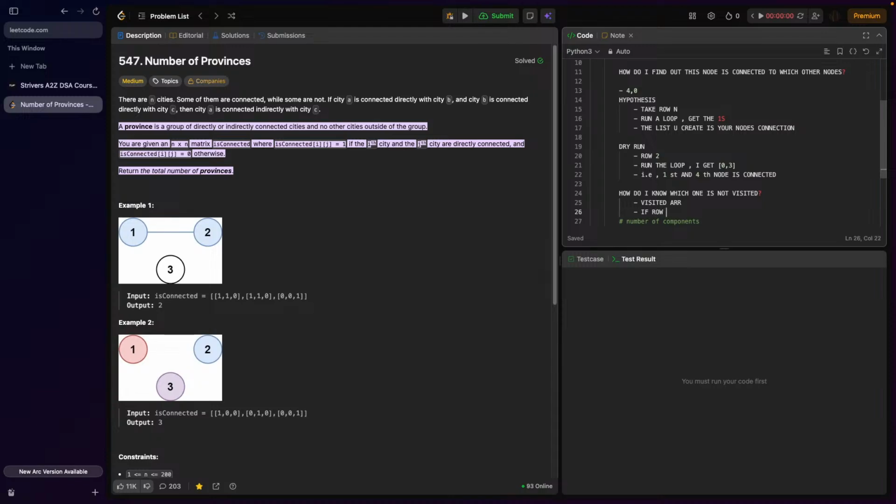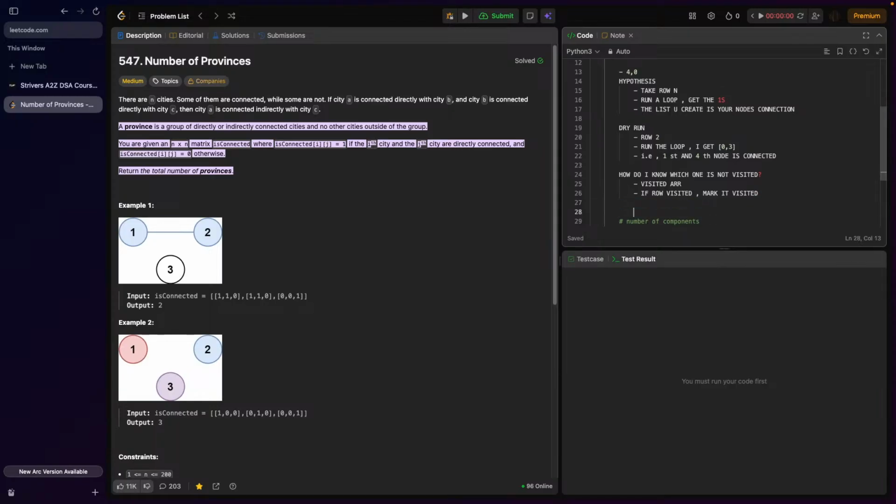If row visited, mark it visited. So the 2 would be marked as true, right? So it will be visited equals to false, into n. There you go. Okay.